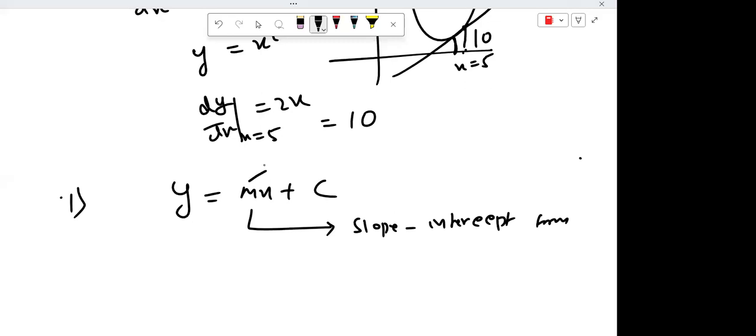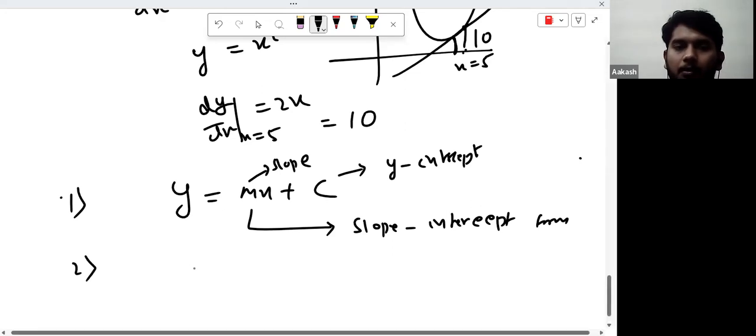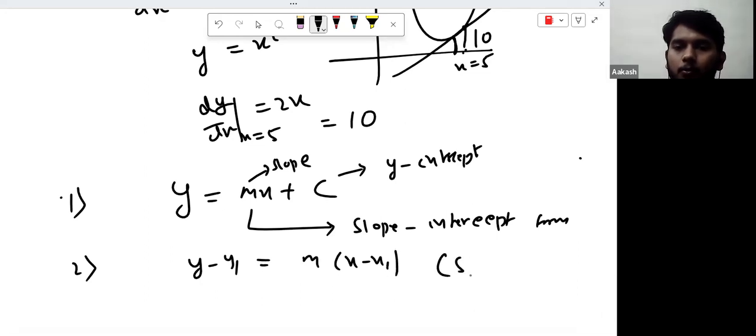Where m is the slope and c is the y-intercept. Y-intercept means where this line cuts the y axis. y minus y1 equals m times (x minus x1). This is called slope point form.